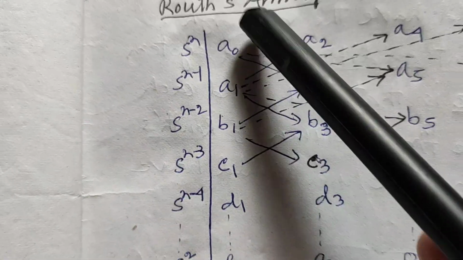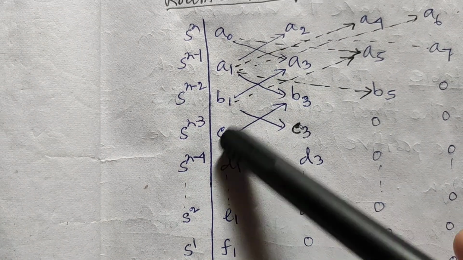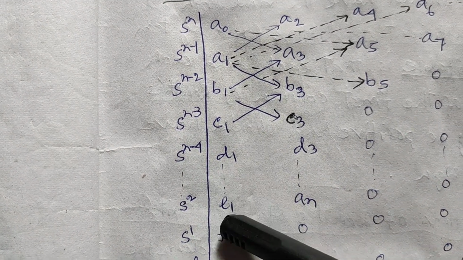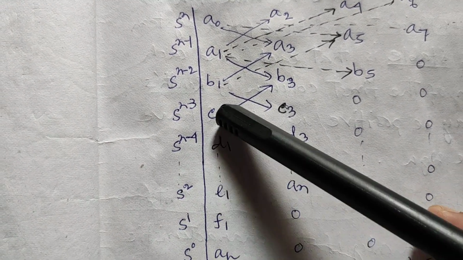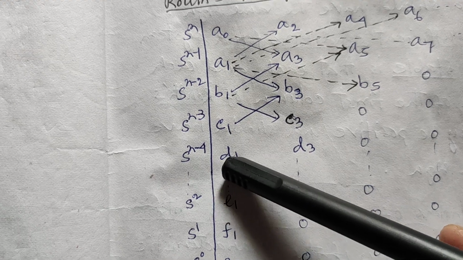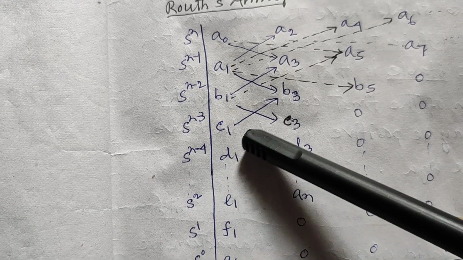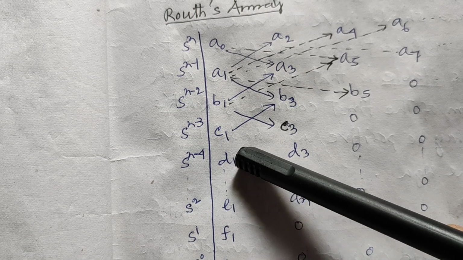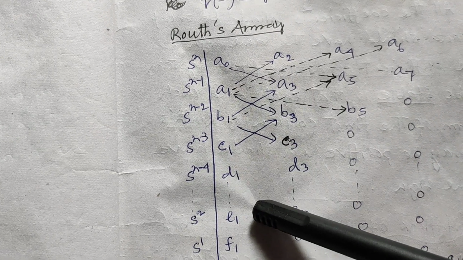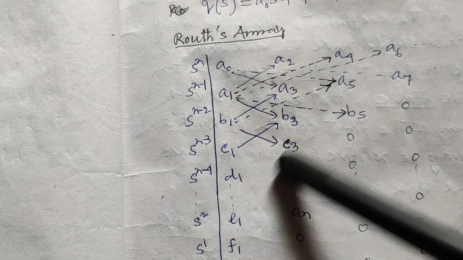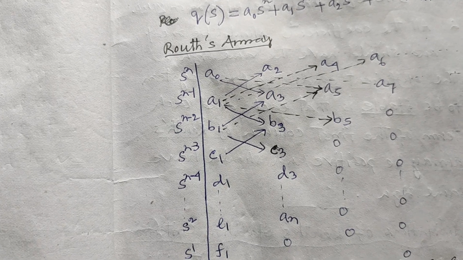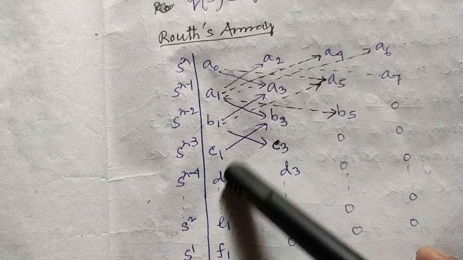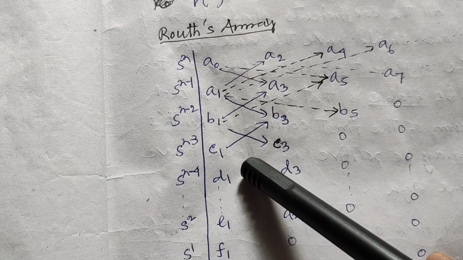If in this array any coefficient is, suppose, an exponential value or complex, meaning j and some value, then the Routh criterion does not apply to the system stability.